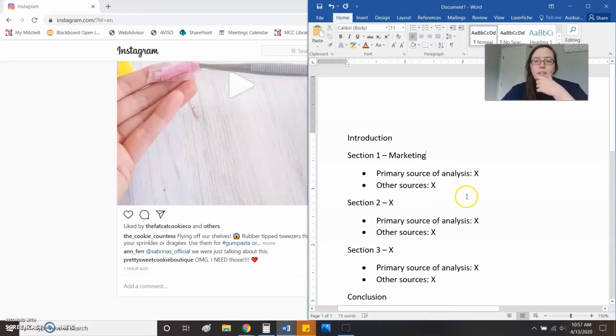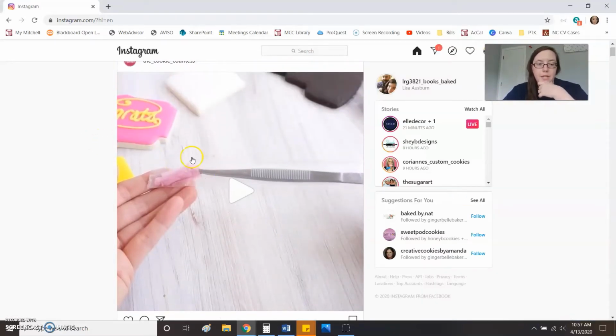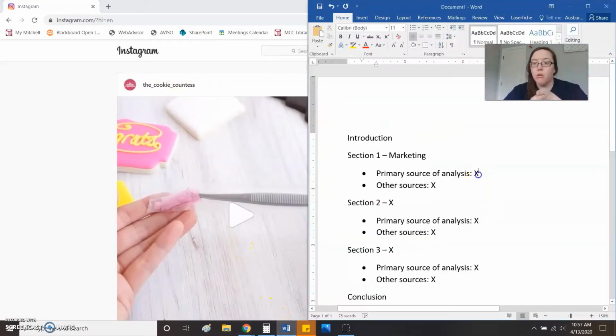Okay. And so I could use this rubber tipped tweezers post from the Cookie Countess as one of my sources to show that people are marketing. And so I might just make a note for myself, Cookie Countess tweezer video.